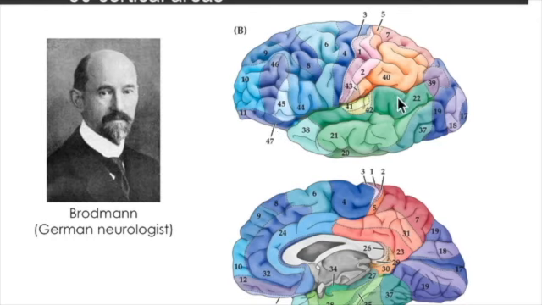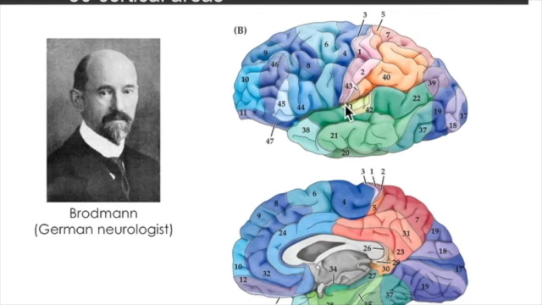He did microscopy to use the different general structures of neighboring pieces of cortex to make this parcellation, to define different areas of the cerebral cortex. And so he came up with 50 different cortical areas that he divided the brain into.